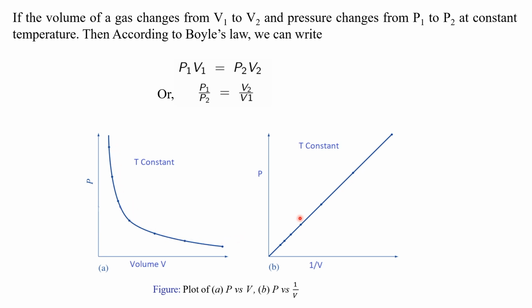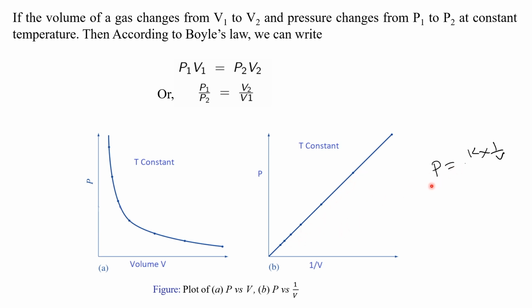As we just discussed, P is K by V, K times 1 by V. So if we plot P versus 1 by V like this, we get a straight line passing through the origin.